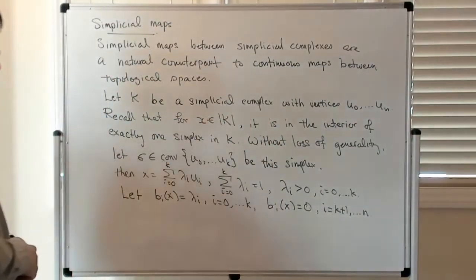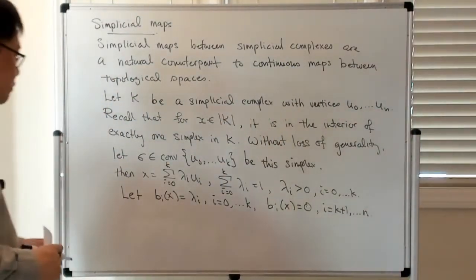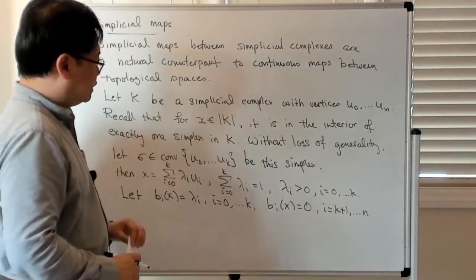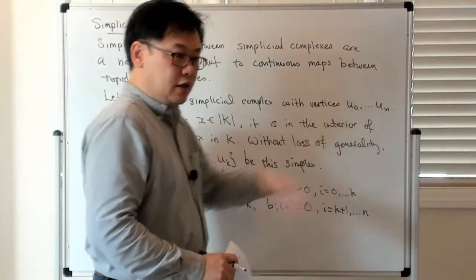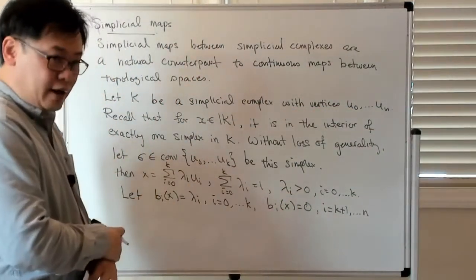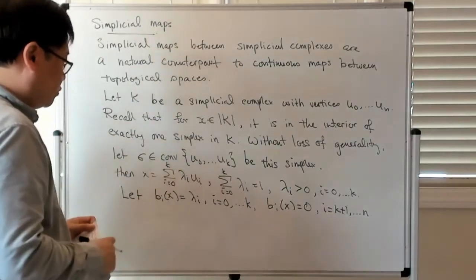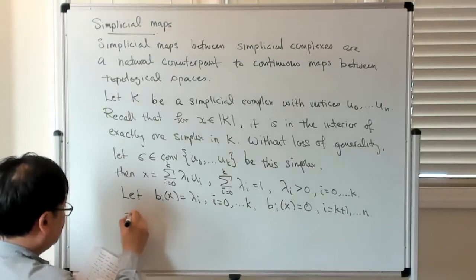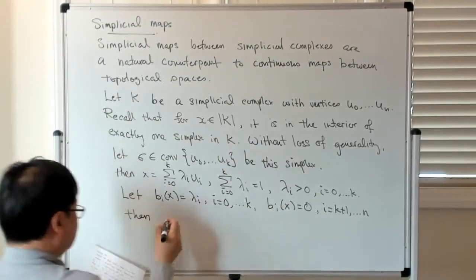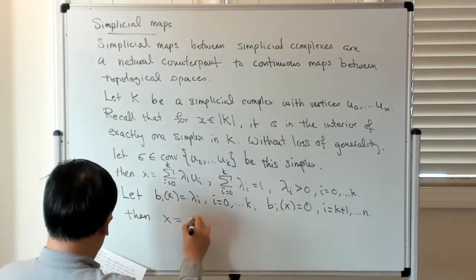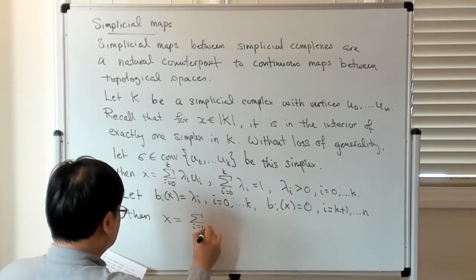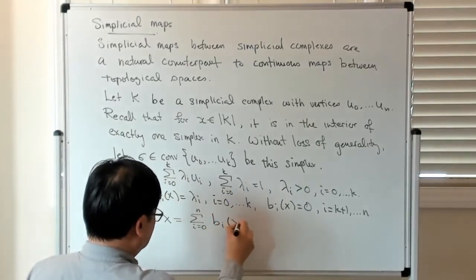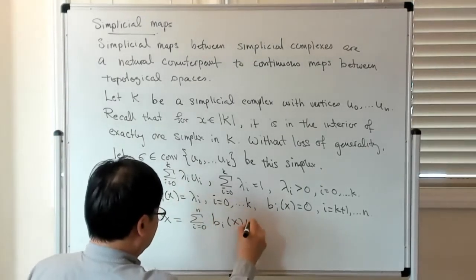And of course, more generally speaking, x is going to be in some subset of the vertices, and you can just formally think of that expansion in all of them instead of just one. So this means that I can now write x as the sum from i equals 0 to n, now instead of k, of the barycentric coordinate associated with x, times ui.